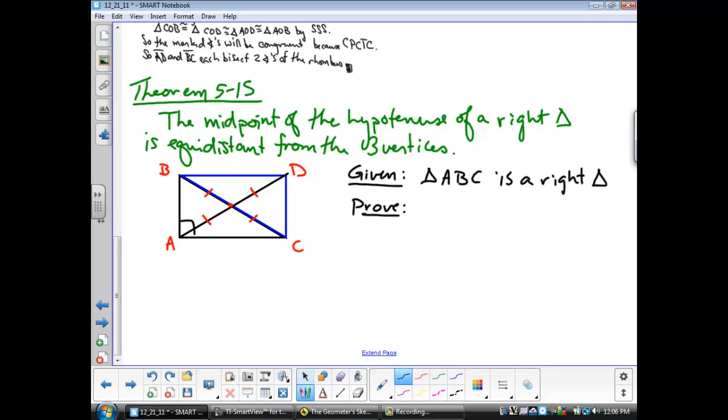What we are going to prove is that point O here, which is the midpoint of segment BC, and I guess I need to put that in my given. What we're going to prove is that O is equidistant from all three vertices. So I need to prove that BO equals OC equals AO.